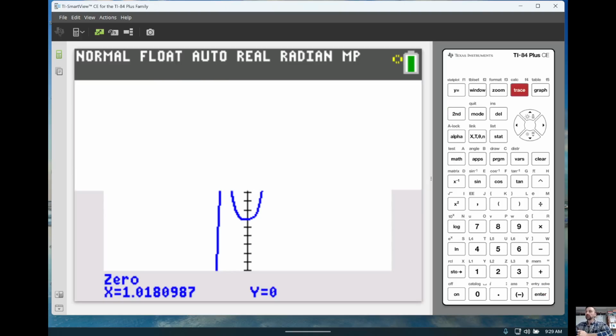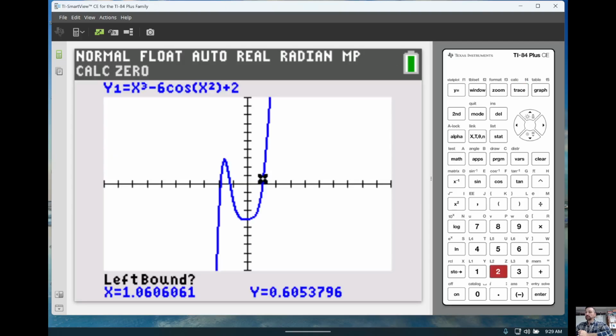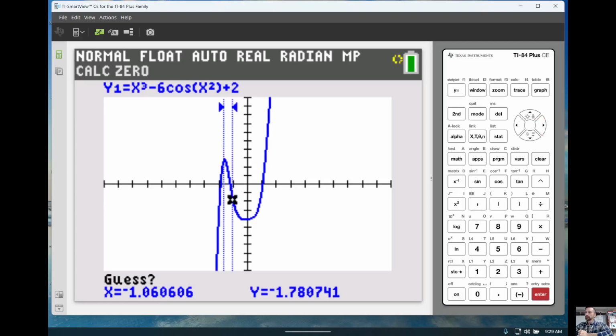You have a calculator. Ask it to calculate the 0, give it a left bound point, and then a right bound point. Okay, and -1.250 is another critical number.